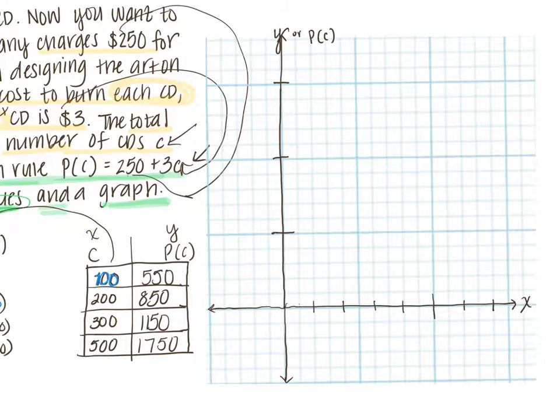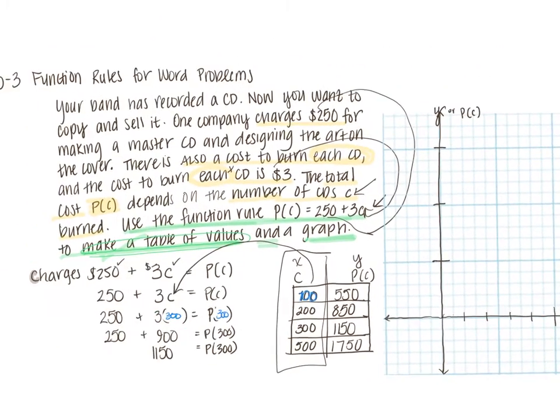All right, when we go to graph this, we want to think about what my x and y are going to represent. So normally, if my first column is my independent variable, it's on the horizontal axis. So in this case, what does C represent? Let's come back and look at our word problem.